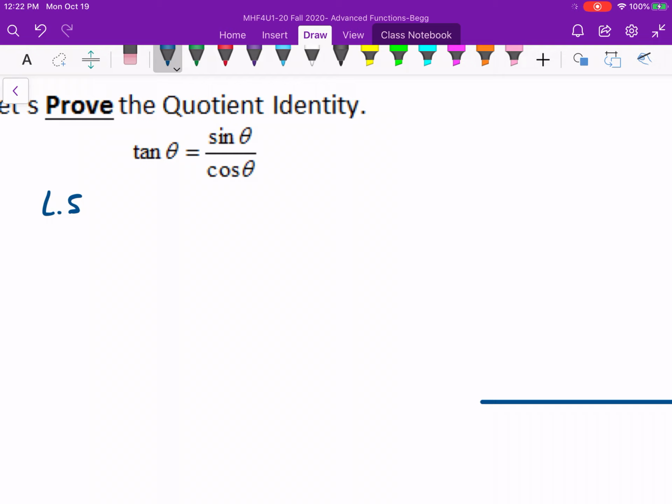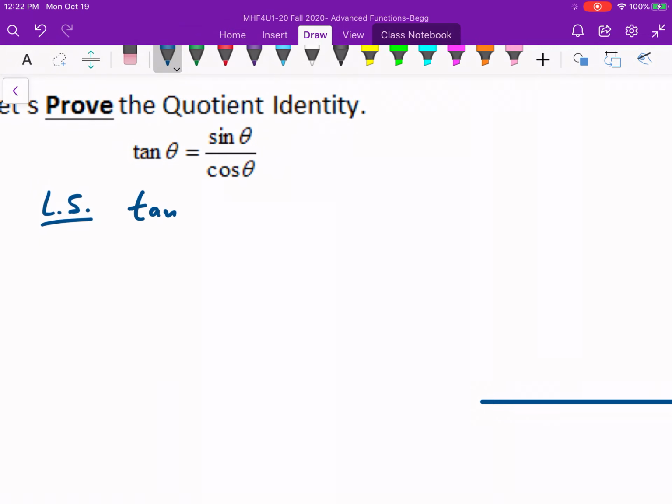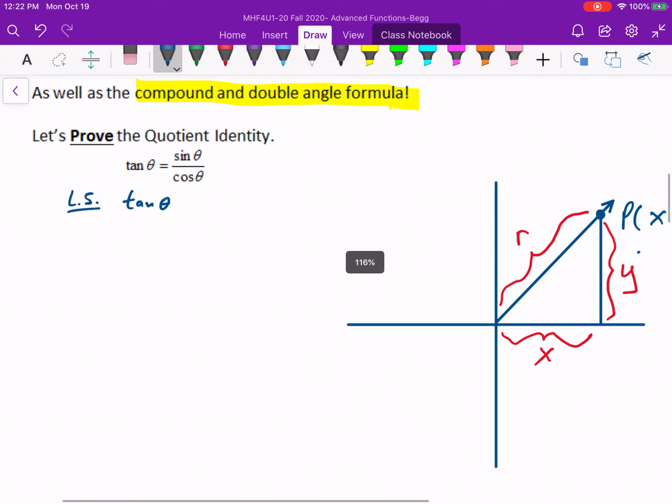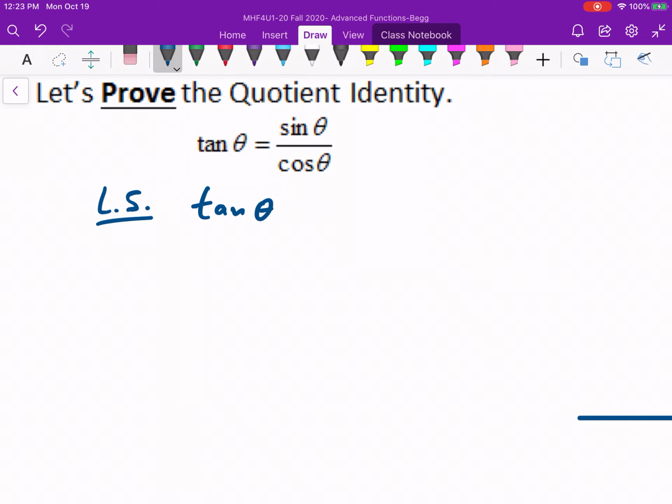So let's work on the left side. I'll use LS to represent left side, although I won't put an equal sign there. What I will say, though, is that tan theta, using this sketch, is going to just be y over x, right? Opposite over adjacent. So left side boils down to y over x.